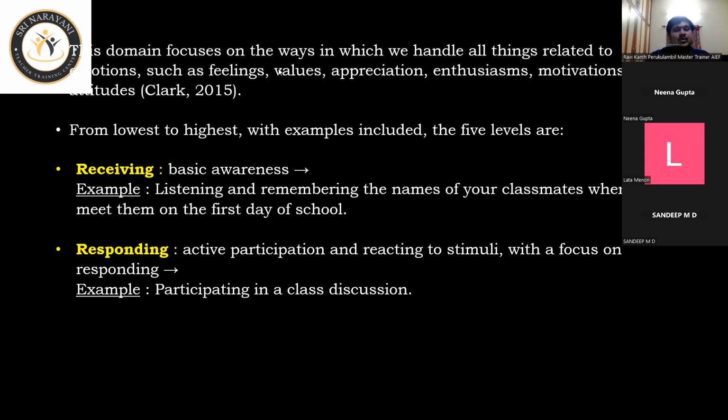From the lowest to highest, with examples included, the five levels are: the first level is receiving, basic awareness. For example, listening and remembering the names of your classmates when you meet them on the first day of school. The basic expectation from a child when admitted into school is listening to everyone while they are speaking.